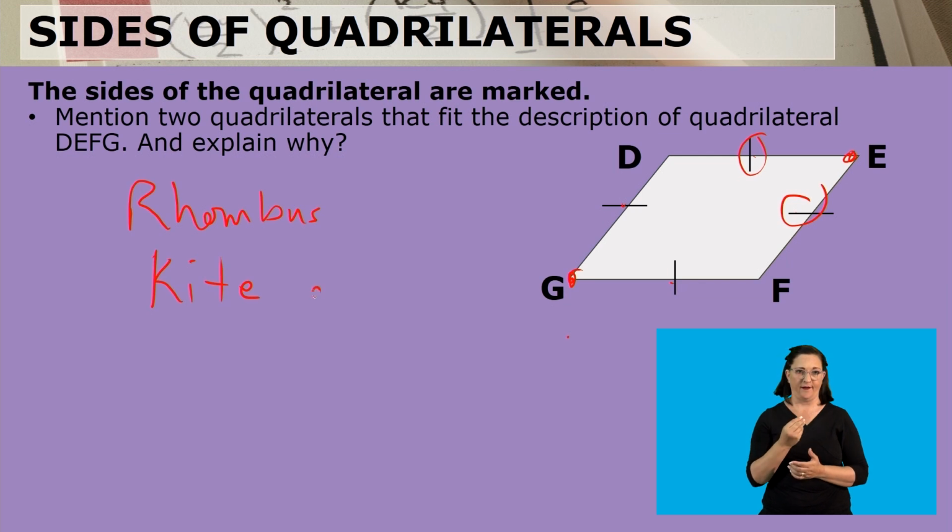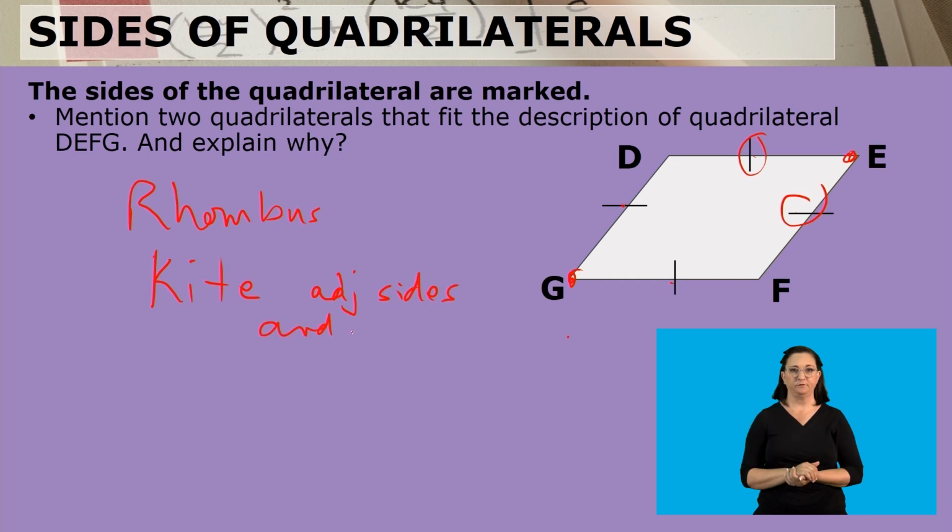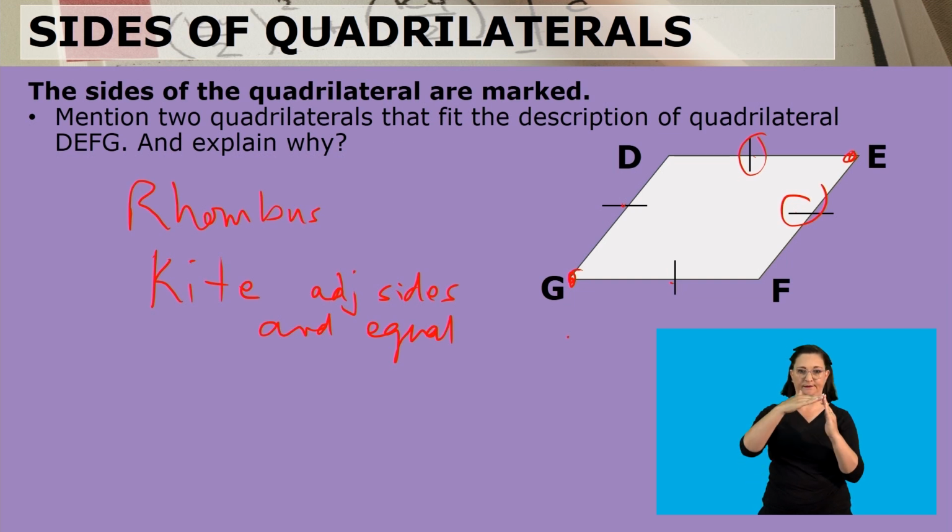It's because the adjacent sides are equal. That's why we are looking at it from that point of view. And the rhombus has equal sides and adjacent sides as well. So that is why we are saying it's a rhombus and a kite.